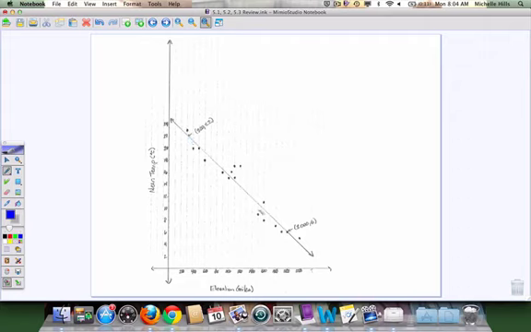I felt the way I drew this line showed the trend of this data for the slope. This was the best line that I could figure out. I ended up using one of my data points, and then this other point isn't a data point, but it is on the intersection of the grid lines, so I was able to go down and find my x and y values.